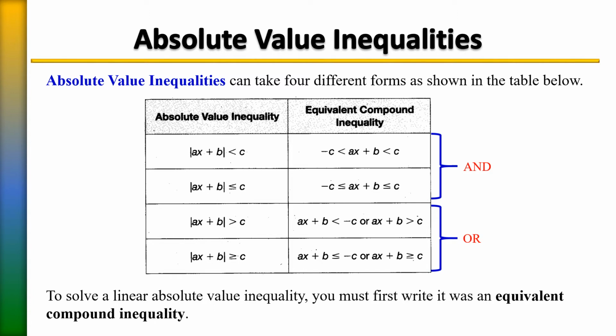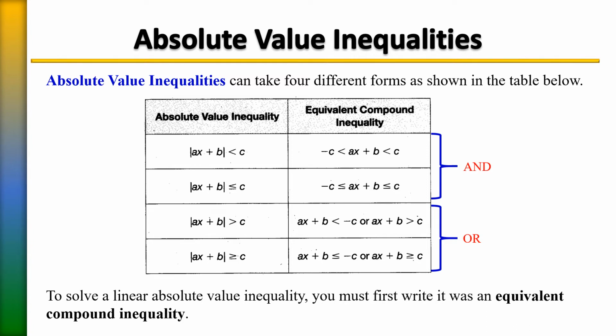The other scenario is if you have the greater than symbol or greater than or equal to symbol. In those instances, these are considered OR equations, and you're going to have 2 separate equations, both the negative and the positive of it. And also your signs will be in different directions.